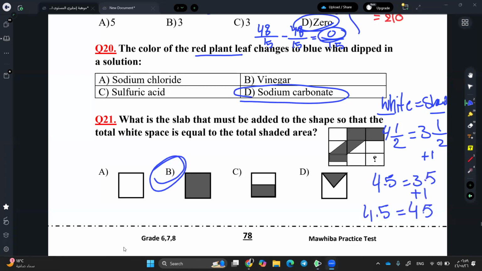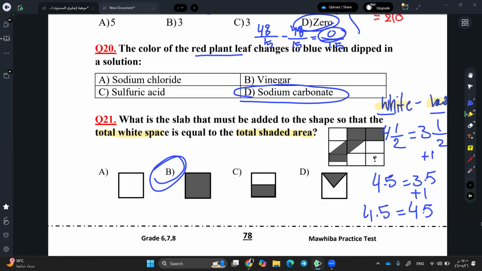Okay, before we move, do you all understand this question? Okay, again, you have here the shape, and you have a total white space, and it wants you to know that the total white space equals the total shaded area. Okay, so first you're going to know the number of shaded space and white area, and we want to make them equal to each other.